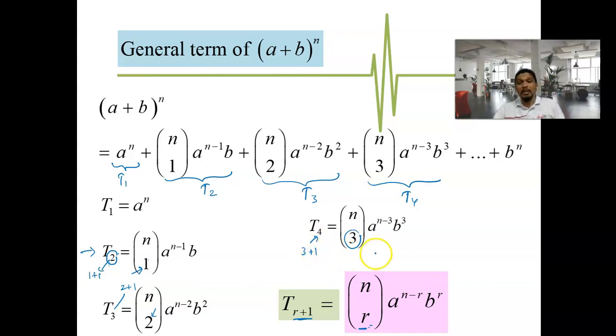Okay, class, let me explain here. In some reference books, they use the term T_r equals C(n, r minus 1), if I'm not mistaken. Then the index here is different. This is correct too.